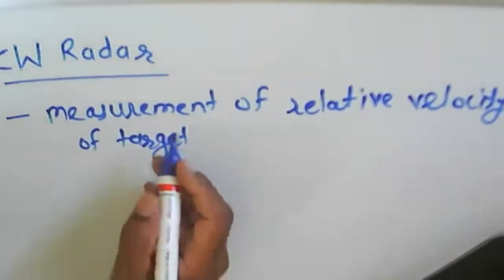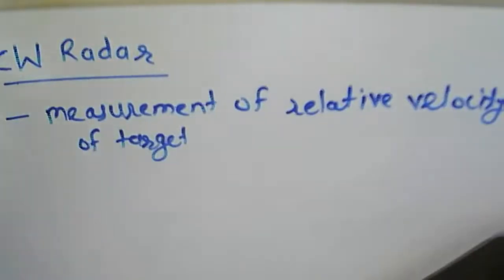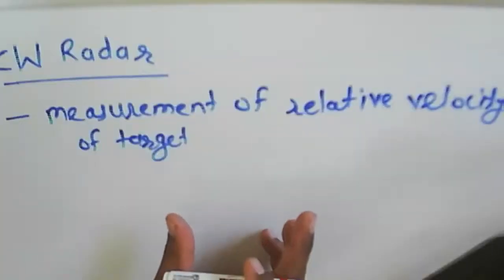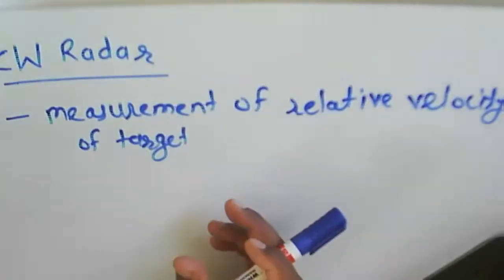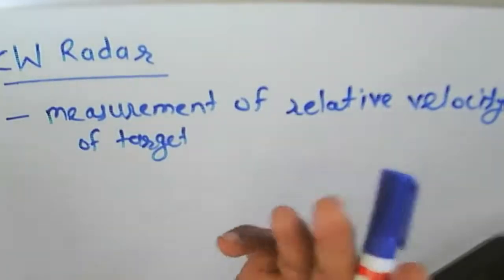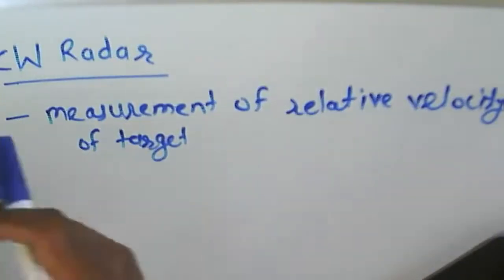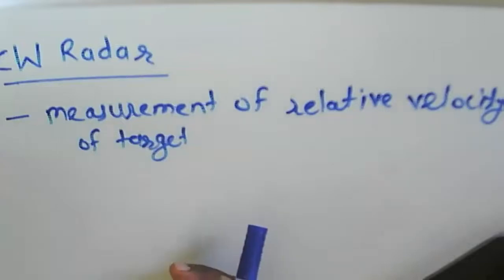Or we can use the measurement of this relative velocity in speed monitoring. In vehicles we can use it to identify an approaching vehicle and what the speed of that approaching vehicle is.